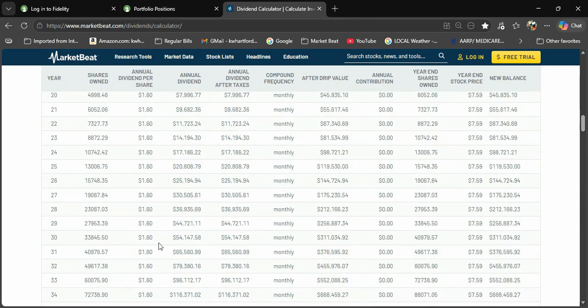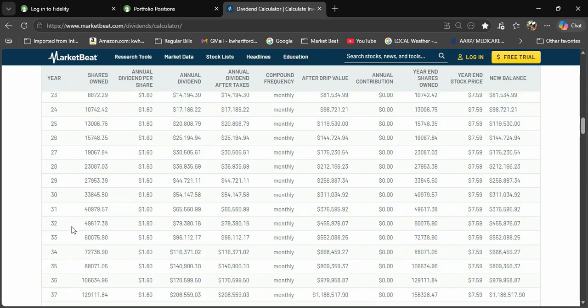And 30 years, you're at 33,000 shares, and you have $311,000 in there. And again, the dividends in 30 years would be $54,000 per year. Not too shabby.